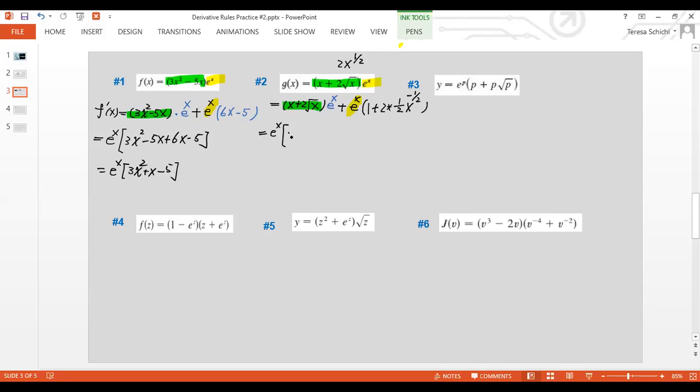Then the first one here is x plus 2 square root of x. And then this one here is 1, then plus 2 times 1/2 is 1, so plus x to the negative 1/2. Or if you want to write it out, this will be x plus 2 square root of x plus 1 plus, just put it in the denominator, right?